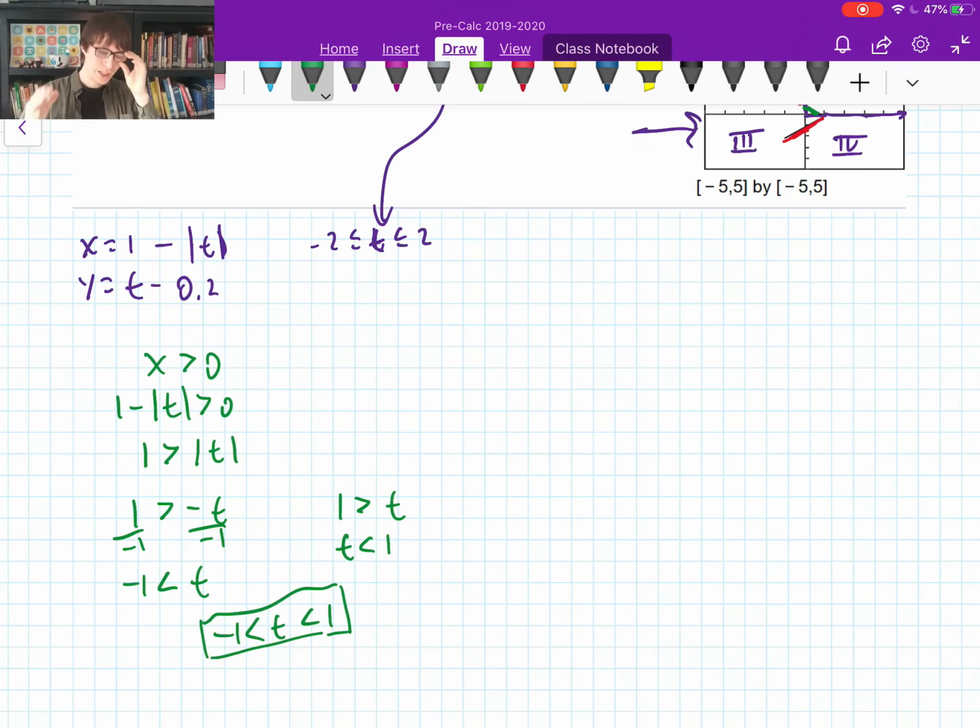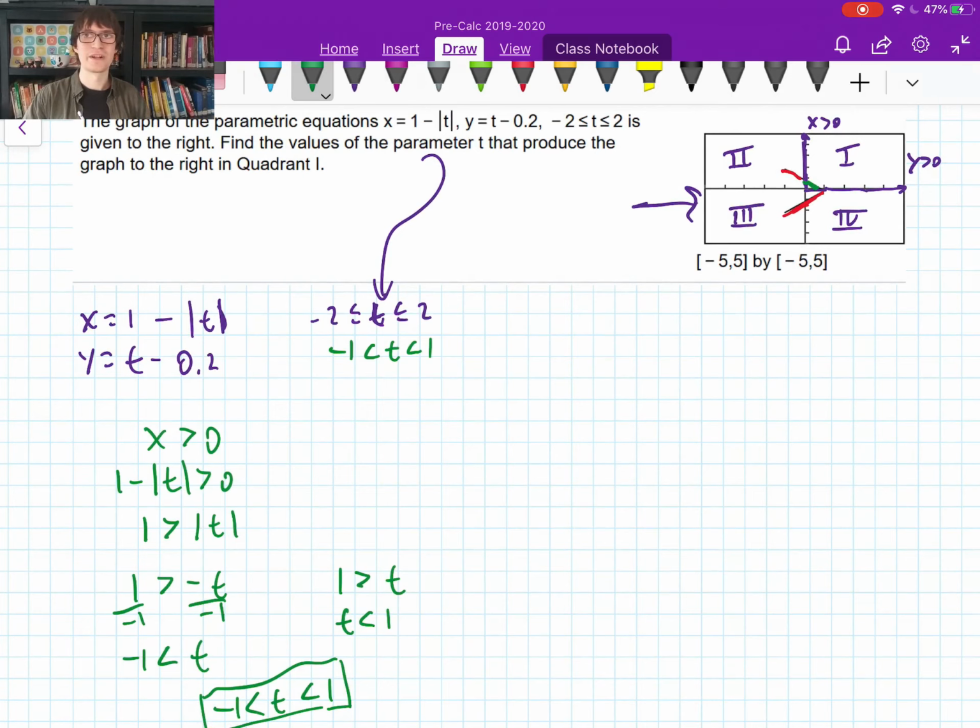We just plugged in a limitation for x, and what it tells us is that if x will always be greater than 0, then -1 is less than t, and t is less than 1. t is going to have to be between -1 and 1 at all times. So right now we've got a first limitation, -1 less than t less than 1. That's the first bit of our parameter that will guarantee that x will be greater than 0.